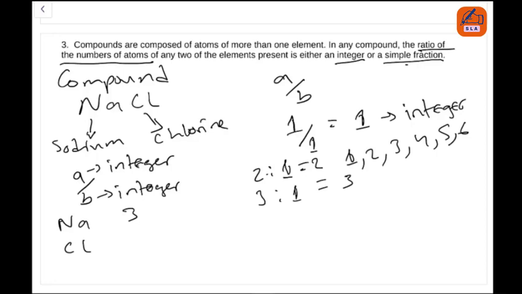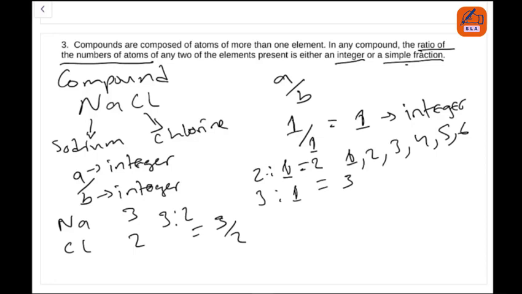It is simpler this way. So we have sodium, 3 of them, chlorine, 2 of them. So this is possible. The ratio 3 to 2 will form a simple fraction of 3 over 2. So it is allowed in this law that in compounds, the ratio of the number of atoms of any two of the elements present is either an integer or a simple fraction.